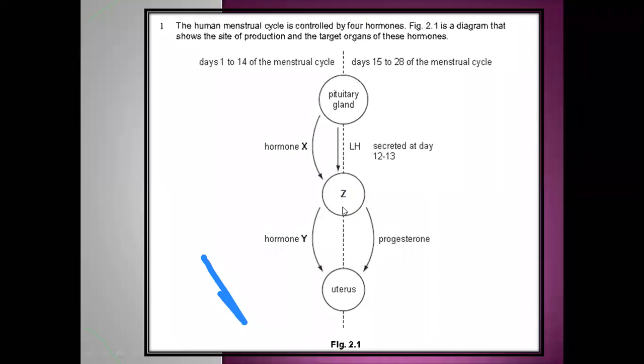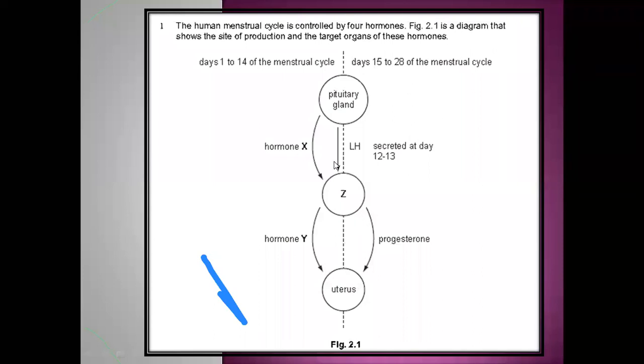But before production of progesterone, organ Z produces hormone Y, and hormone Y makes the uterus lining, the endometrial lining, thick. Later on, this organ also produces progesterone to maintain the thickness of the uterus.